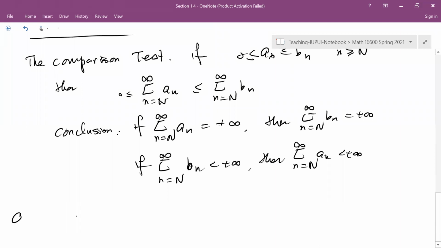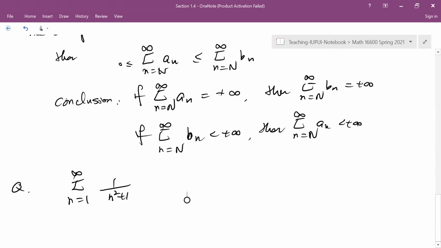We can take a look at this one. Remember we proved that it is convergent using the integral test. We did that before, right?